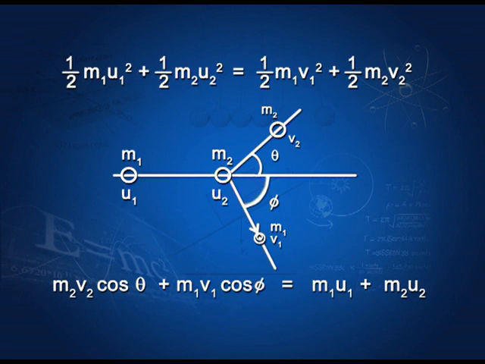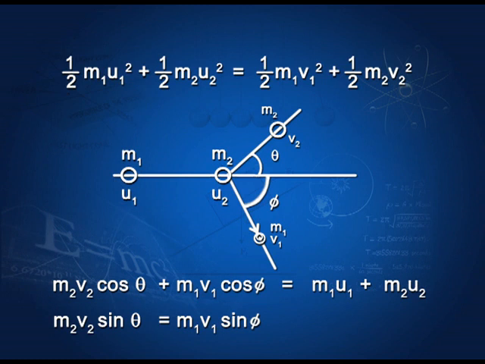Likewise, momentum in the vertical direction, where it was not existent earlier, final momentum here would be m2 v2 sin theta, which would be equal to m1 v1 sin phi, because the sum of these would be equal to 0.